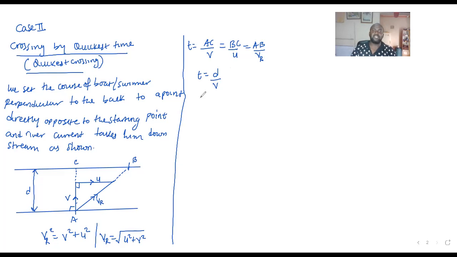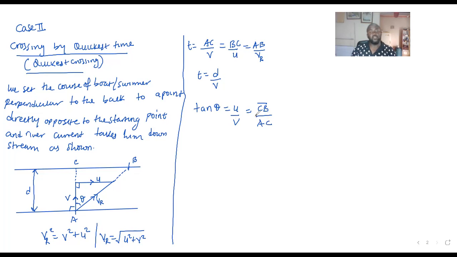Sometimes they ask you for the distance downstream. We can have tan of theta is equal to U over V, which is going to be the same as CB or BC out of SC.